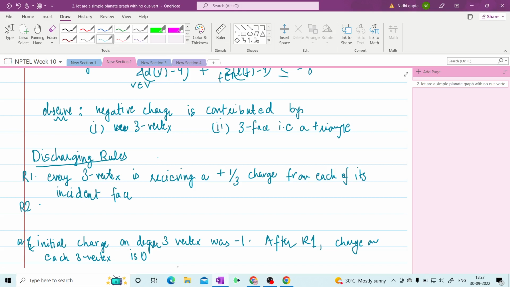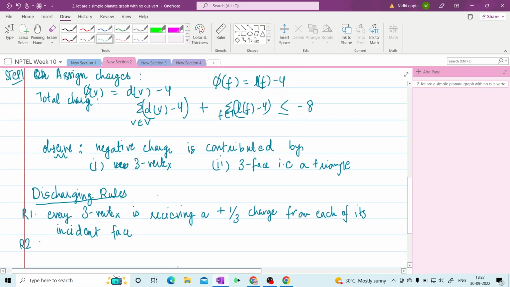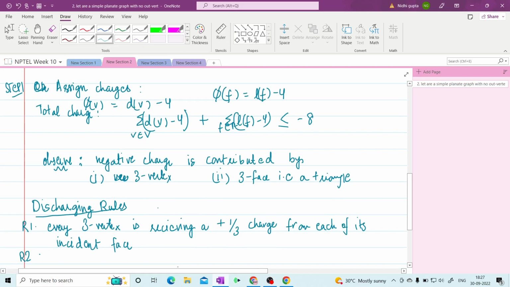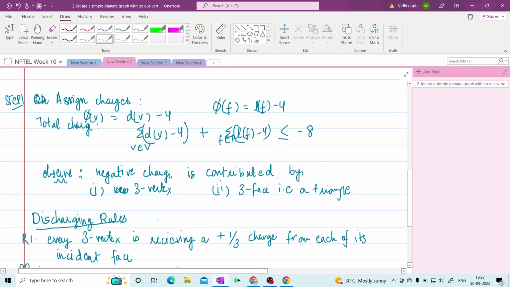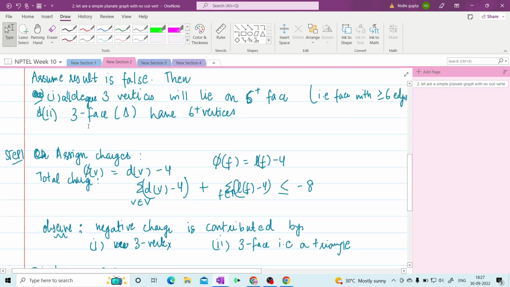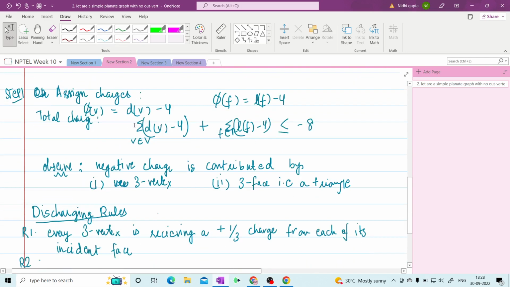Now secondly, triangles are also contributing some negative charges here. Since triangles have 3 faces, the negative charge contributed by each triangle is -1. So now we have to make this positive. Each triangle will be incident to 3 vertices, because this graph has no cut vertices. In our assumption, all the vertices on triangles are 6 plus vertices.